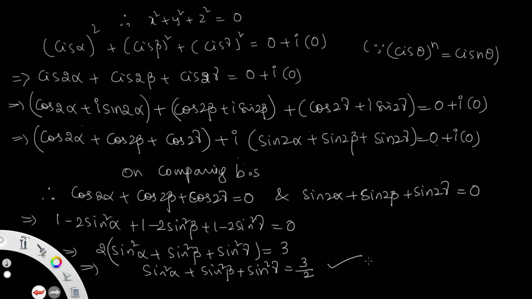First part is proved. In a similar way, for cos square alpha plus cos square beta plus cos square gamma, cos 2 alpha was in terms of sine; now prove it in terms of cos. So that is 2 cos square alpha minus 1, 2 cos square beta minus 1, 2 cos square gamma minus 1, equal to 0. Same thing, from cos 2 alpha plus cos 2 beta plus cos 2 gamma equal to 0.